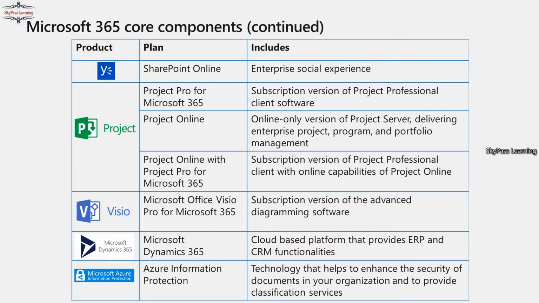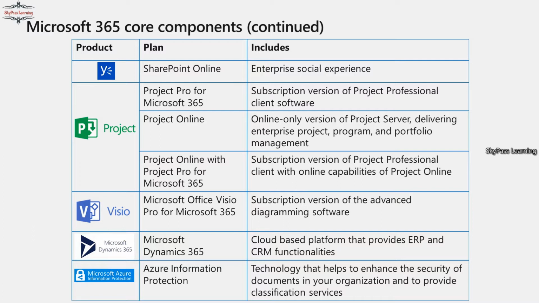We have Microsoft Project available. If you want to use a project management solution, you can use Microsoft Project Server or Project Online. We have Visio as an integrated solution available in 365, where you can create diagrams, design flowcharts, or other diagramming solutions.